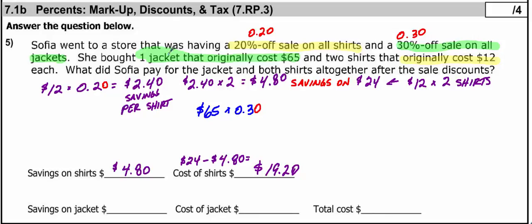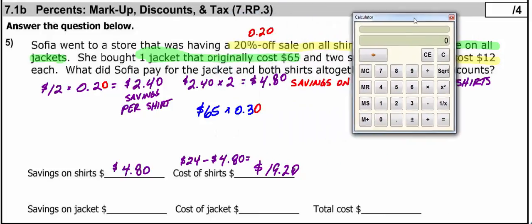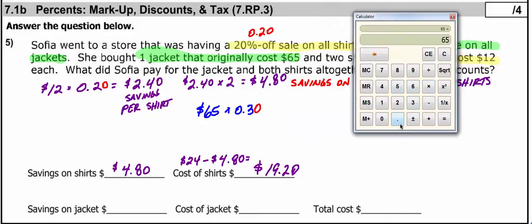It doesn't hold a place. So $65 times the 30%, I think I'll grab my calculator for this one. $65 times the 30%, she saves $19.50.